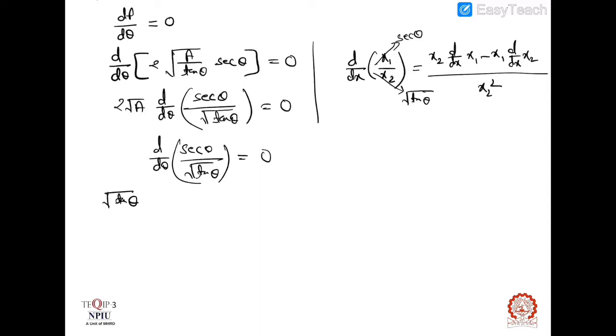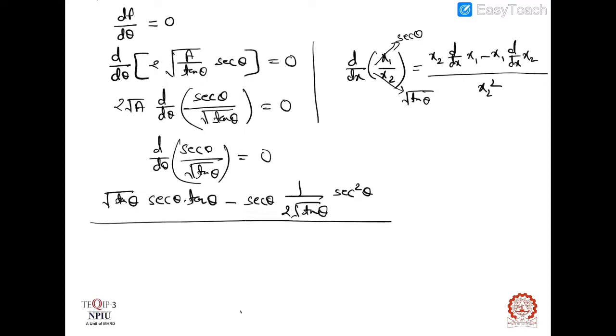The differentiation of sec theta is sec theta tan theta, minus sec theta times the differentiation of x2. The differentiation of root over tan theta is 1 by 2 root tan theta, and the differentiation of tan theta is sec square theta, divided by the square of root over tan theta, that is tan theta, is equal to 0.